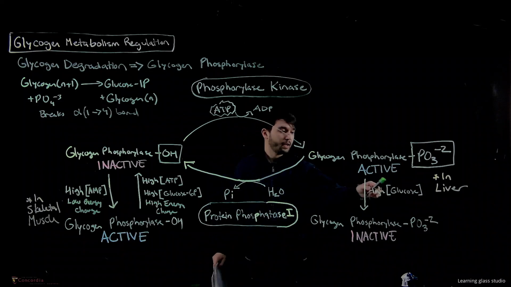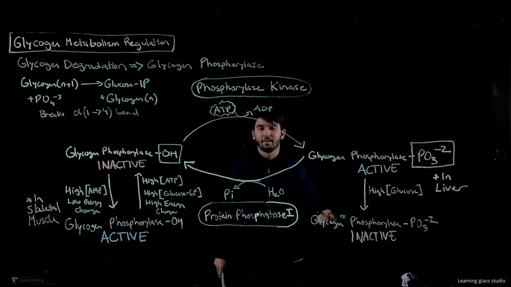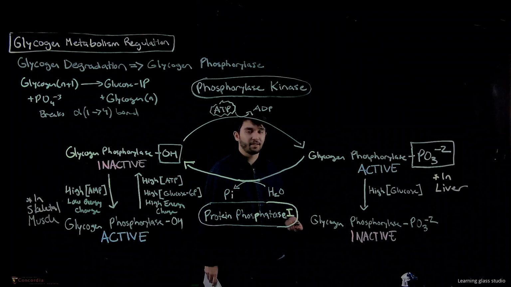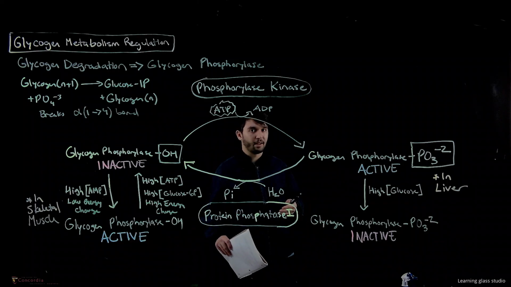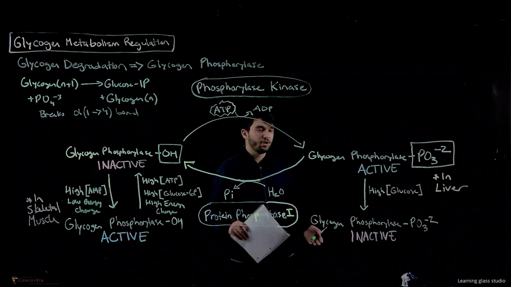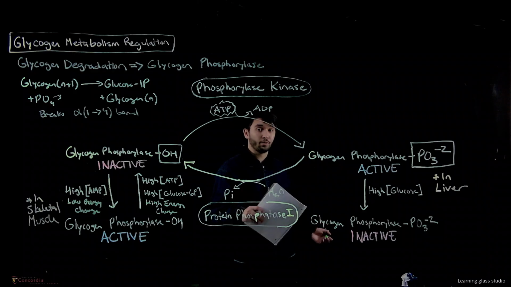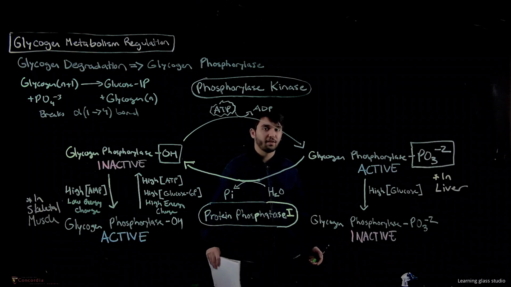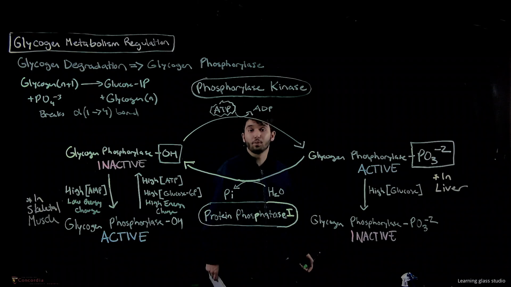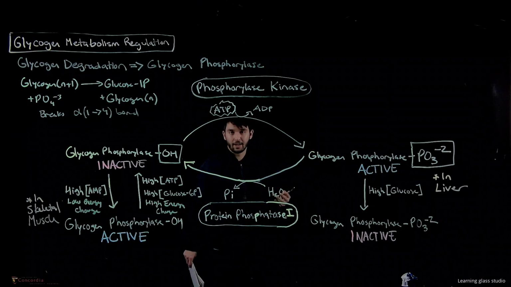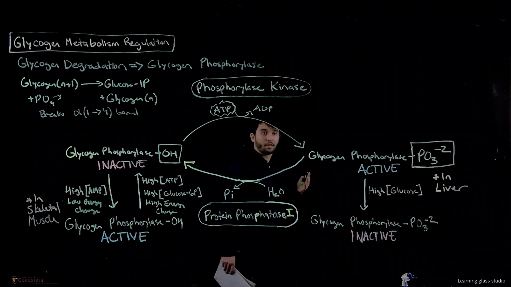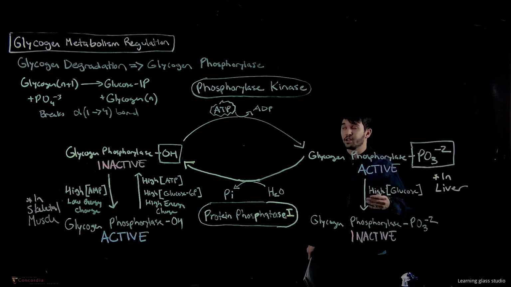So that's why it is under this regulation. High glucose in this case indicates high levels of gluconeogenesis. Thus, you do not want gluconeogenesis to be running at the same time as glycogen degradation. You don't want to produce glucose from these two sources. Instead, if you have a lot of glucose being made from gluconeogenesis, you'd rather store that and make glycogen, okay? So that is glycogen degradation.